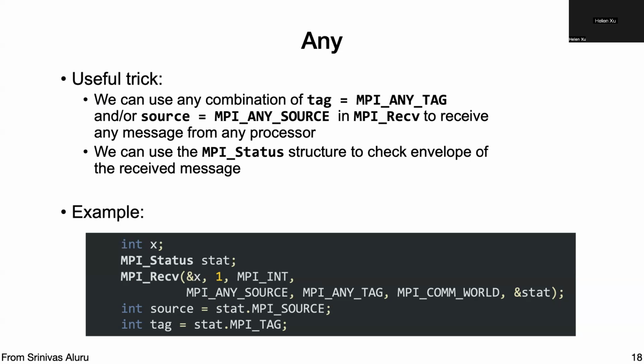This is just trying to receive one int. Then you pass in MPI any source and MPI any tag here, but if you want to get the actual source and tag that you got, then you query stat.MPI_SOURCE and stat.MPI_TAG.